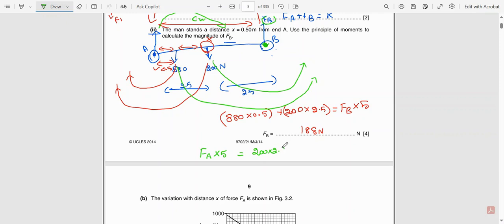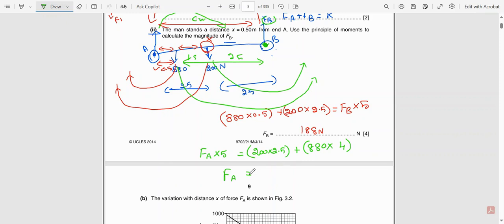The clockwise moment will be FA into 5, and that will be equal to the anti-clockwise moments, that is 200 into 2.5, one anti-clockwise moment, and then 880 into, what is the distance from this point to this point? It will be 2.5 and then 1.5. It will be 4, right? So 880 into 4. Then I will get that force.